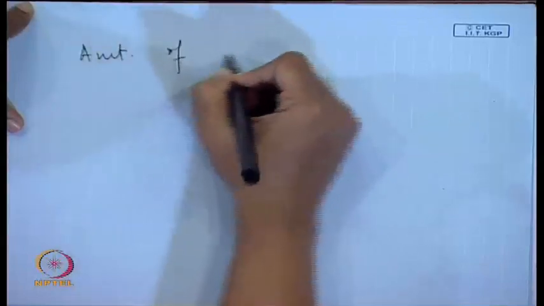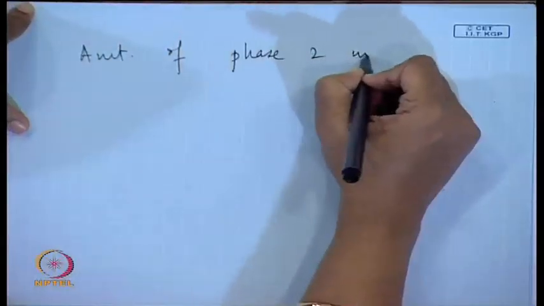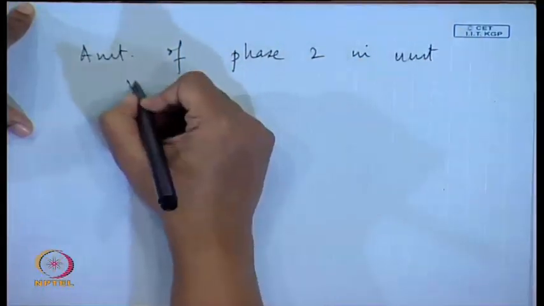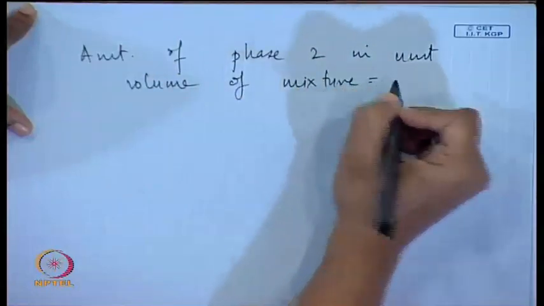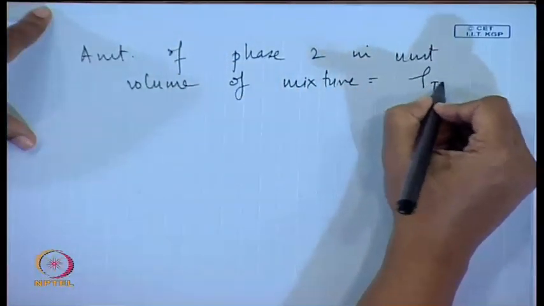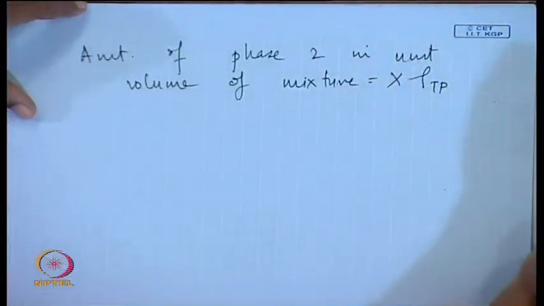Therefore, if the total mass of the two phase mixture is rho Tp kgs, then the mass of phase 2 is x into rho Tp kgs, where x is the mass fraction of phase 2. So, the amount of phase 2 in unit volume of mixture is the total weight of the mixture and the mass fraction of it which is there.